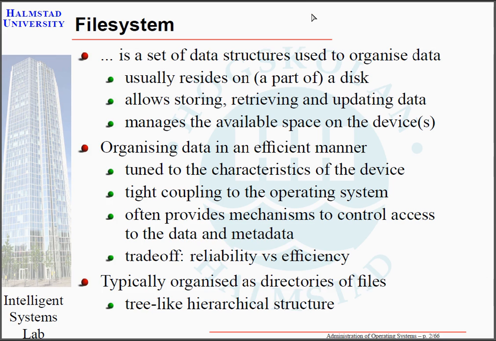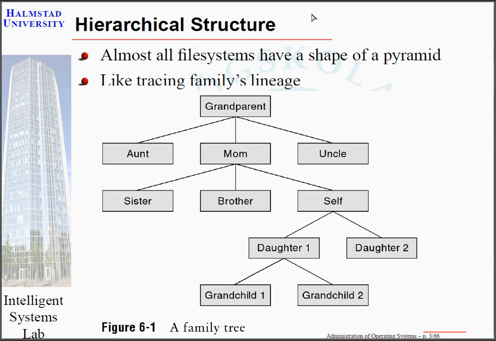In general, a file system is a set of data structures used to organize information. On one hand, this information is stored in some particular way on some kind of device, for example a disk, and the organization there depends on the technology that's used to manufacture this device. On the other hand, you have the high-level view that you would like to present to your applications and your user.